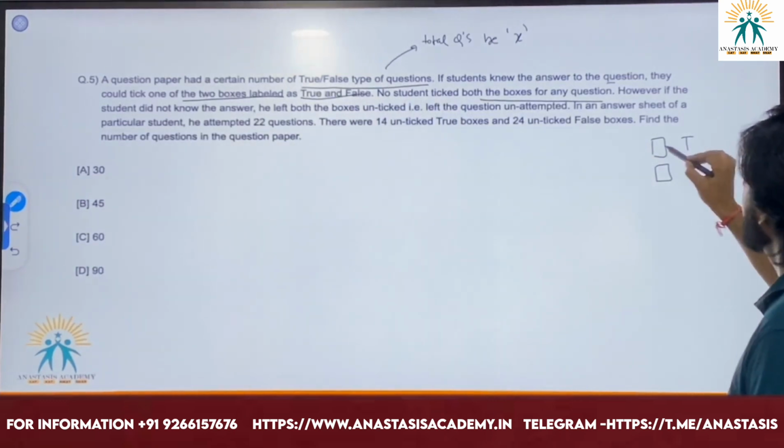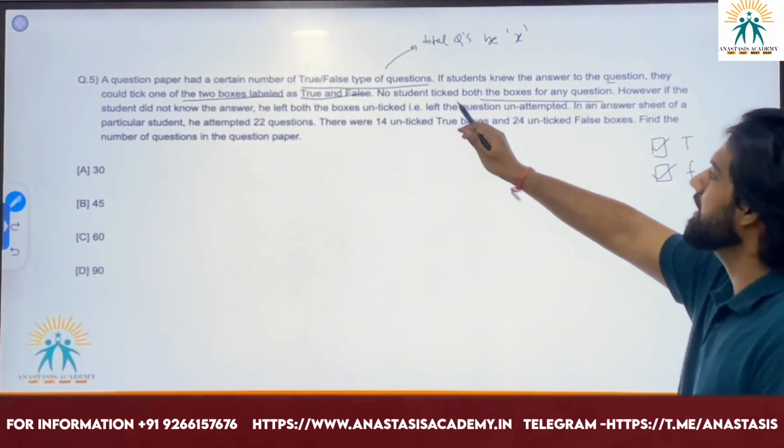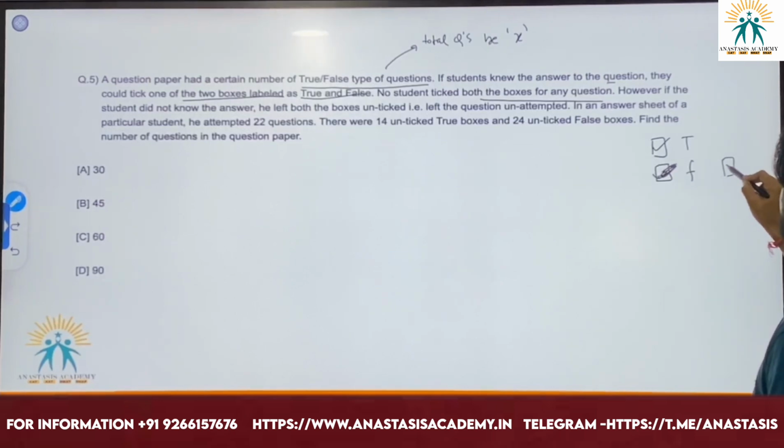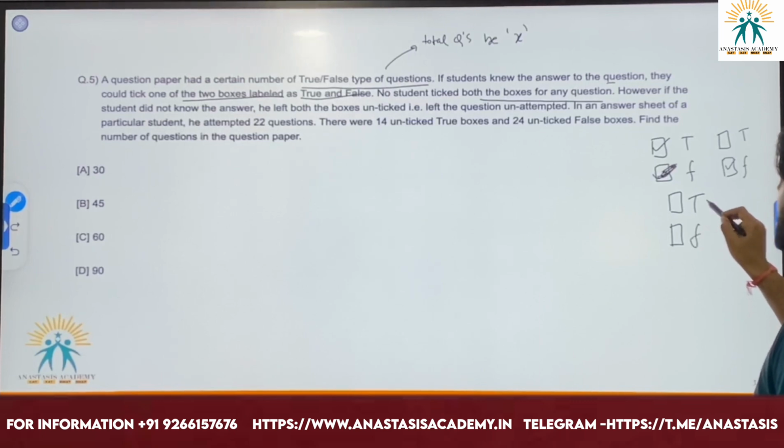This is given. Either the student ticked true, or the student ticked false, or none of the boxes were ticked. But a case where both are ticked is not possible.